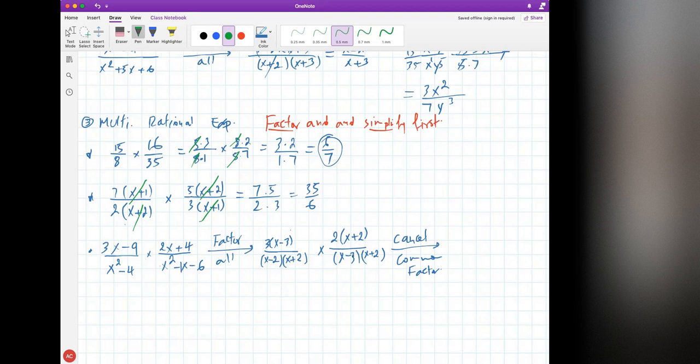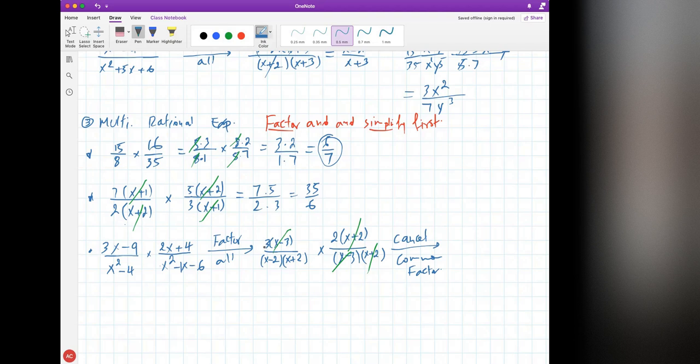Nothing cancels here, but here we can cancel this with this. And we can also cancel this way. We have x minus 3, and that's it. That's all we can cancel. The x plus 2 is already gone against this one, so we can't cancel it against this one also. It can only be done one way, either this and this, or this and this. So cancel as much as you can.